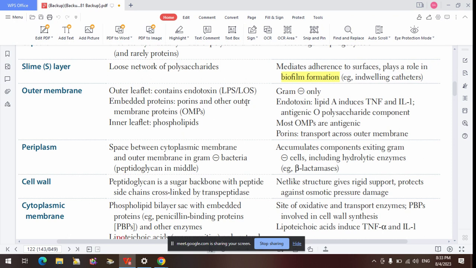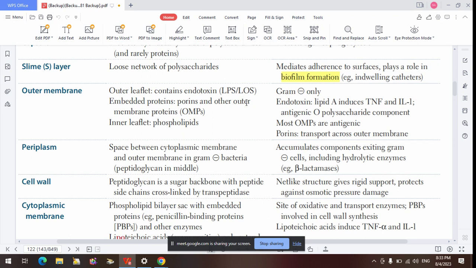Once that bacteria gets into the host and gets broken down, it's going to release its lipopolysaccharide or lipooligosaccharide. And the portion that is actually going to provoke the inflammatory response is the lipid A. That lipid A is a PAMP, a pathogen-associated molecular pattern, that will be recognized by the white blood cells, particularly the macrophages, because the macrophages have toll-like receptors that can recognize the PAMP.